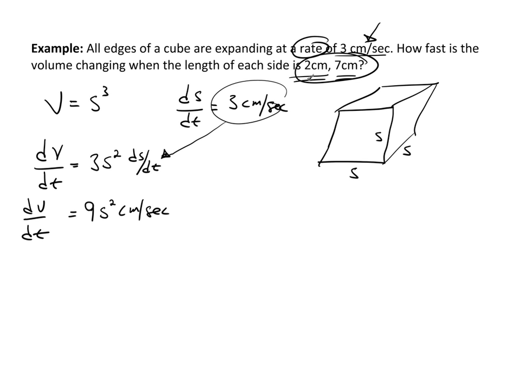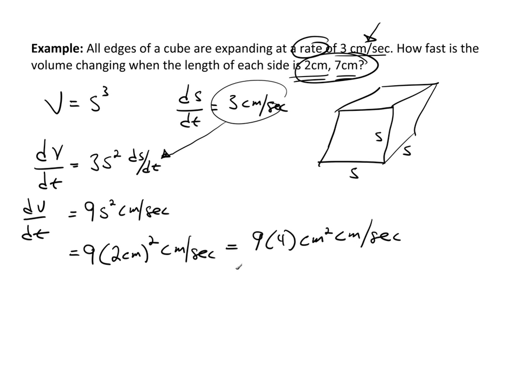Well, if I substitute in 2 centimeters for S, I will get 9 times 2 centimeters squared times centimeters per second. This is 9 times 4 centimeters squared times centimeters per second. So this is 36 centimeters cubed per second.